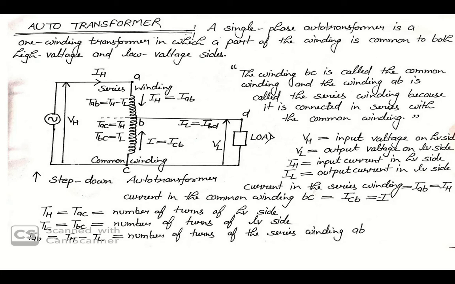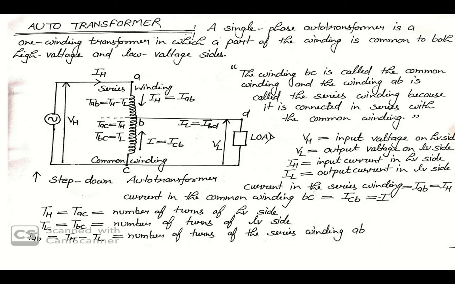Second, in an auto transformer, electrical power is transferred from primary to secondary partly by transformation and partly by direct electrical connection. Power conductively transferred produces no transformer losses. So this is the advantage of the auto transformer.